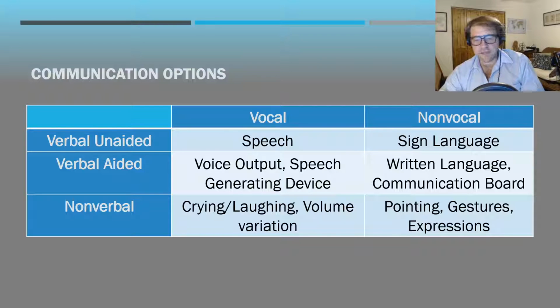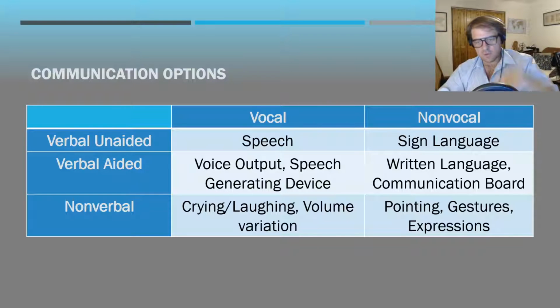Then you've got verbal aided. So it's verbal, it's still using words, and it's vocal, it's a speech generating device. Like a communication board that has a voice and it would talk. Non-vocal, you could just use written language or pointing to a communication board. Non-verbal, laughing or crying, because it's vocal.